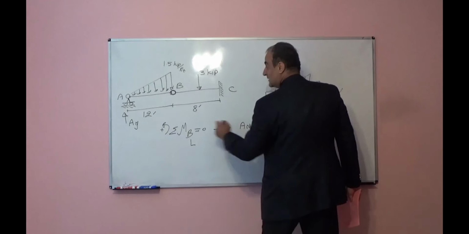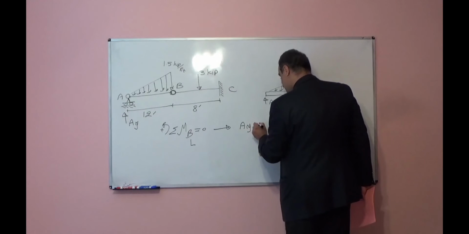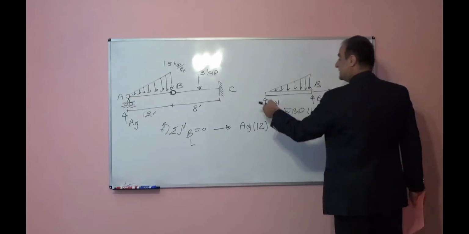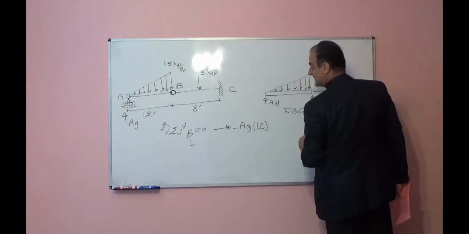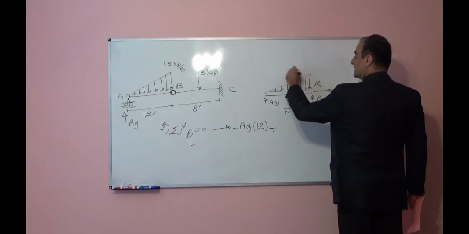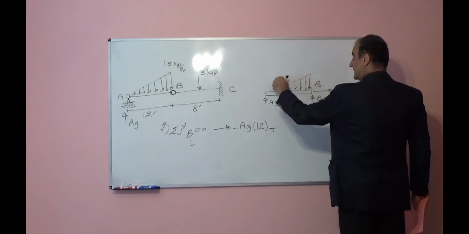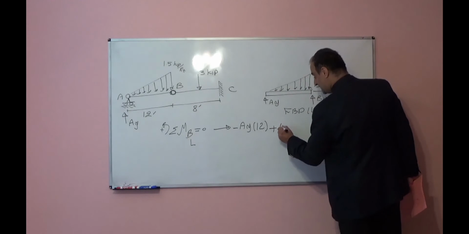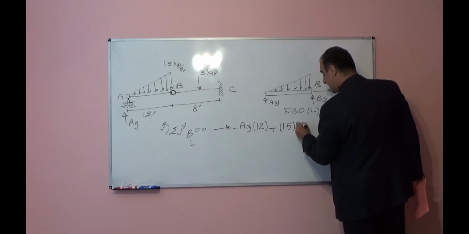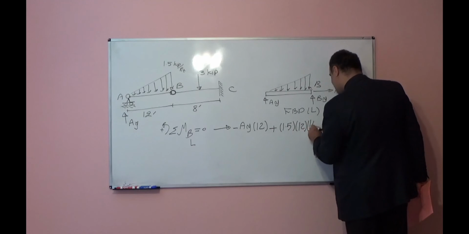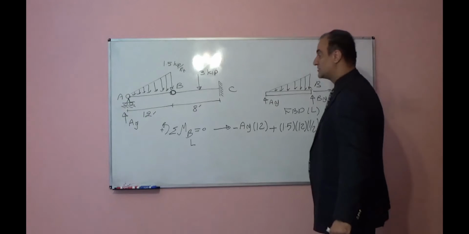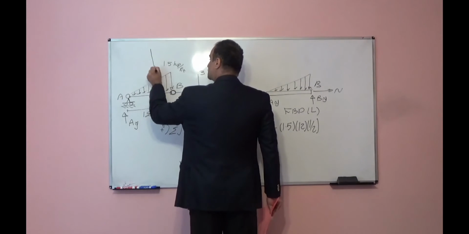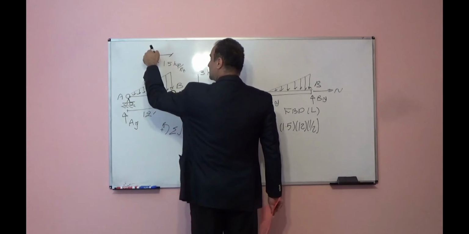AY times 12. It wants to rotate this piece with respect to point B clockwise, so it is negative. Plus, the area underneath this triangle will be the resultant force, so it will be 1.5 times 12 times half. This is the resultant force. The location of the resultant force for a triangular distributed load is at the centroid.